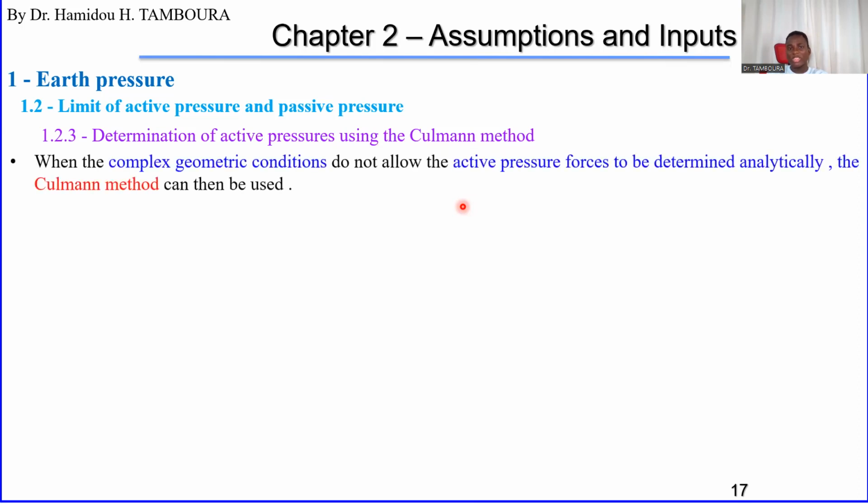When the geometry is complex and doesn't allow the active pressure forces to be determined analytically, then we can use this method. We will talk in detail about this method later.